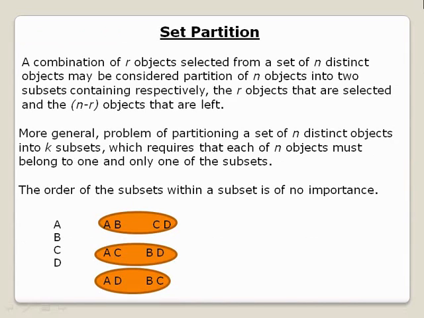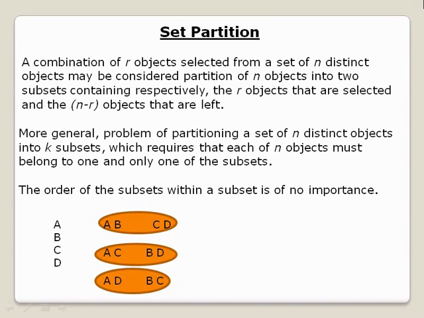Now let's look at set partition. A combination of r objects selected from a set of n distinct objects may be considered a partition of n objects into 2 subsets, containing respectively the r objects that are selected and the n minus r objects that are left.